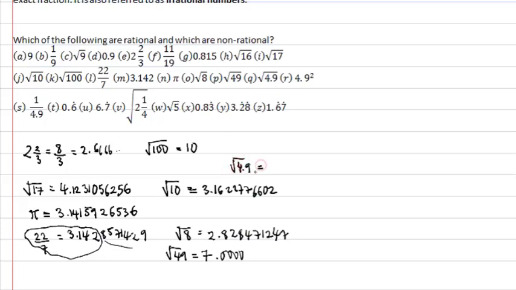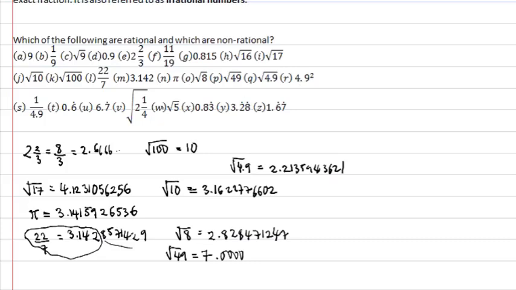Let's see now. 4.9 is not the same thing as 49. So let's see what the square root will give us. It gives us 2.2135943621. Obviously an irrational number.